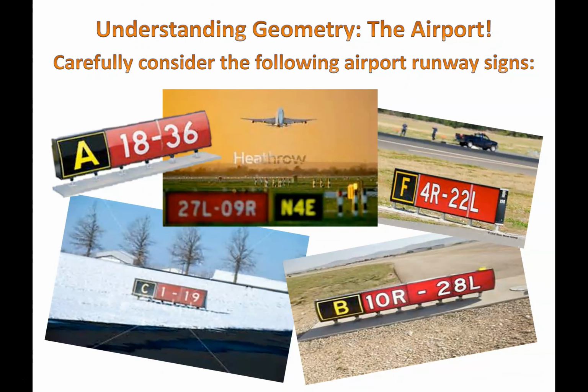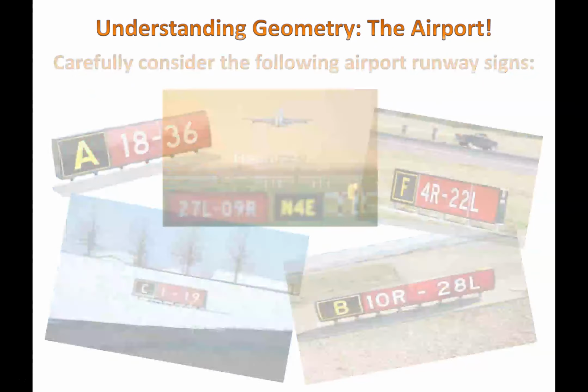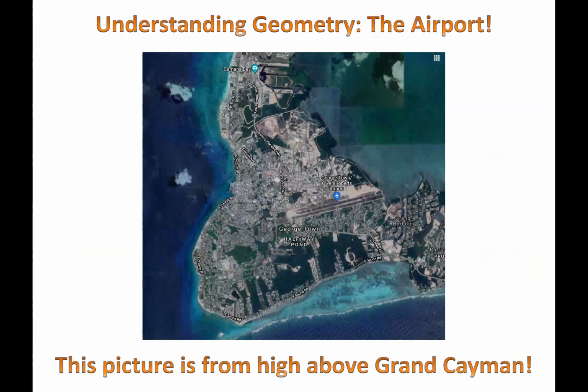Now, these signs have everything to do with bearings, and they keep the traffic, the ground traffic, the taxiing traffic, very orderly, because everybody knows where they're going. And how does all this work? What I've done is I've taken a Google Maps aerial picture of the Georgetown area, Grand Cayman, and you can see that there's the airport tucked in there.